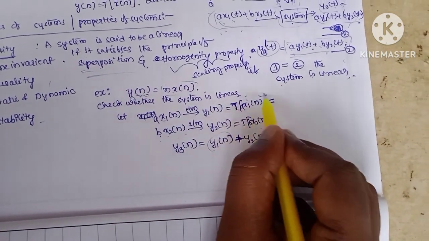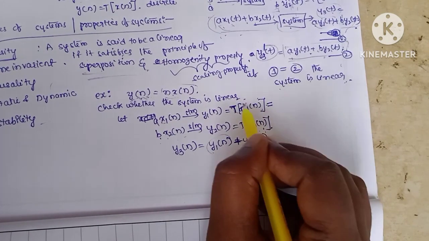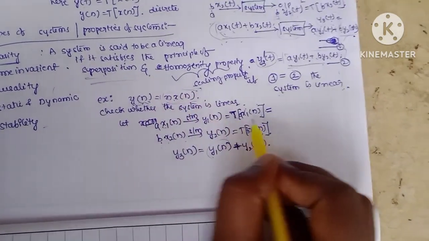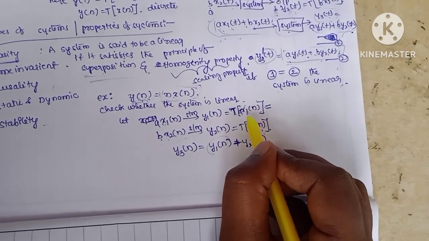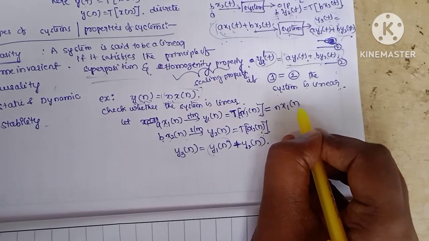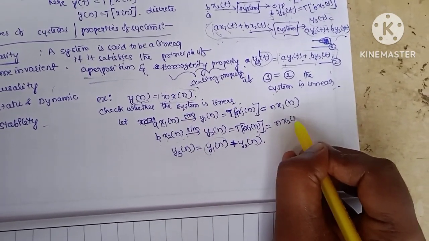If we pass x1 of n, we get n into x1 of n, and here n into x2 of n.